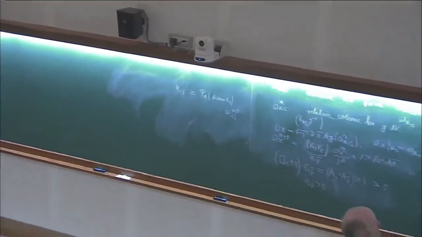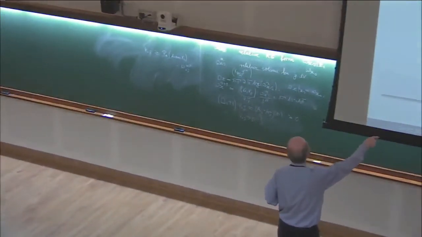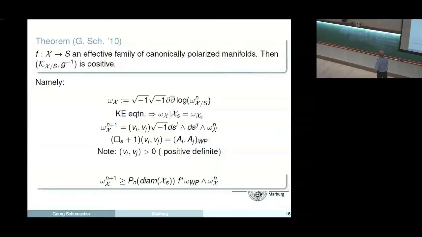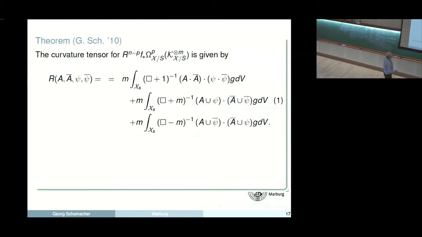And this is the intrinsic version of what I wrote down here, and here is the curvature formula for this thing, for the twisted Hodge bundle. So while we don't want to look too closely at this formula, there is one thing. The question is positivity.